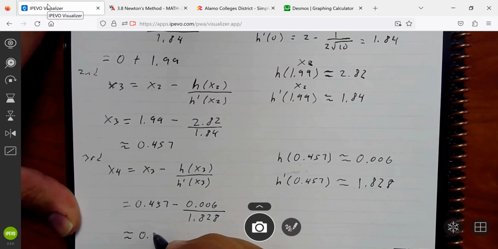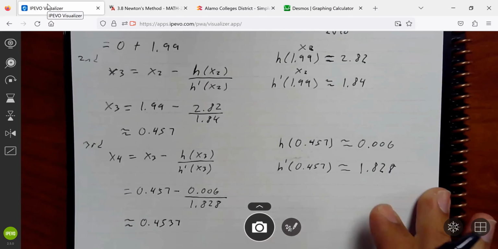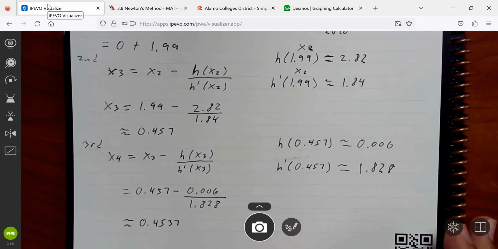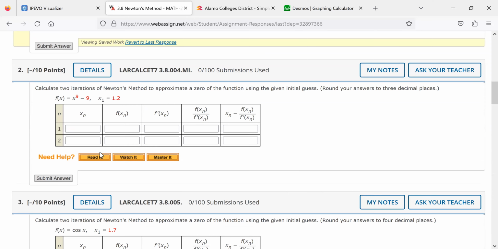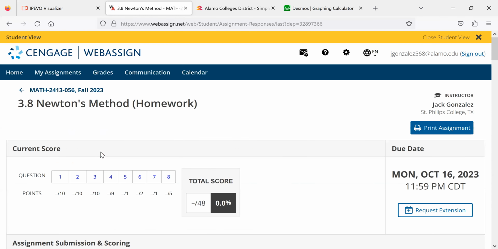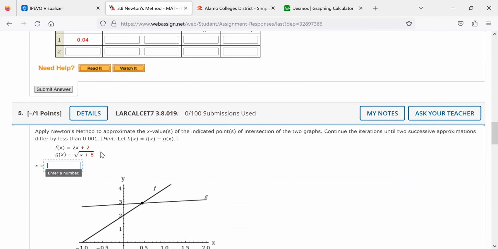Anyway, does anyone have any questions on this method? That's all you're gonna do in the whole homework. Just apply the formula a couple of times and move on. Could we look at number 6 as well, please?